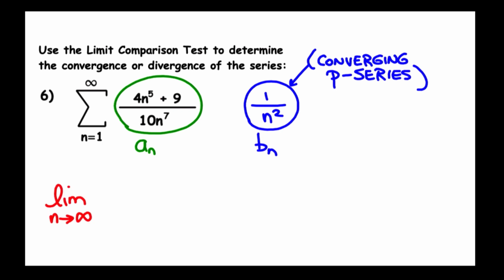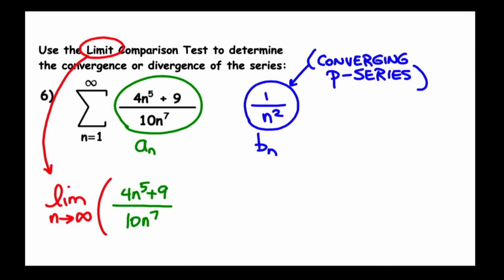And again, remember that the limit comparison test starts with a limit. Makes sense. All right, you just stack these up as fractions. I'm going to write the a sub n first, divided by b sub n, or times the reciprocal.